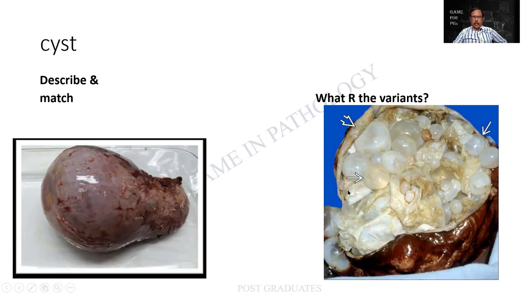And when it is cut open, I am able to see multiple cystic locules. So there is a tender coconut-like appearance which is classical of a hydatid cyst. There are two variants of it which you should remember. One is called unilocularis, that is most common. Another is multilocularis, Echinococcus granulosus.